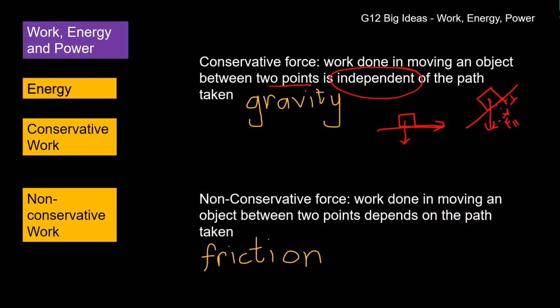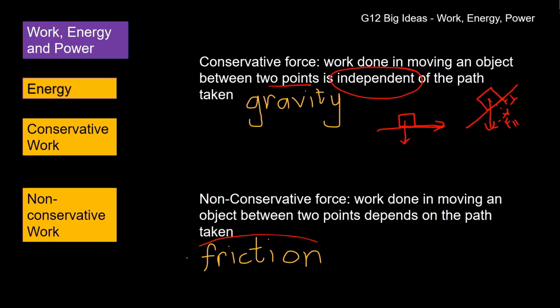So when we have a conservative force acting, we speak about the work done as being conservative work. When we are speaking about other forces that take away energy from a system, like friction, definitely friction, then we are talking about a non-conservative force.